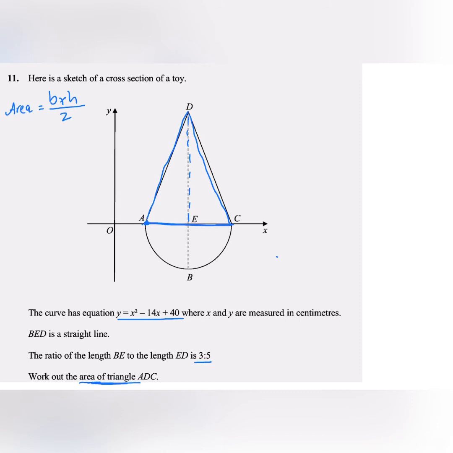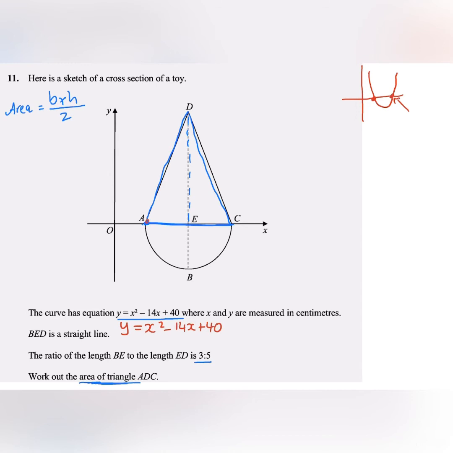Now we have been given this quadratic equation y equals x squared minus 14x plus 40. Now we know that any quadratic equation forms a U-shaped curve. Now we can find the roots of the equation by factorizing the quadratic.